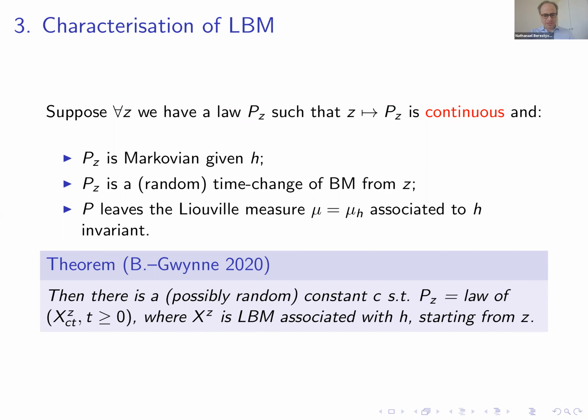And the important bit is we assume that it leaves the Liouville measure associated to h invariant. Okay, so you have some field h, which is basically a Gaussian free field, you should think of. And you have a process which you know is Markovian given h, is a random time change of Brownian motion and leaves Liouville measure invariant.